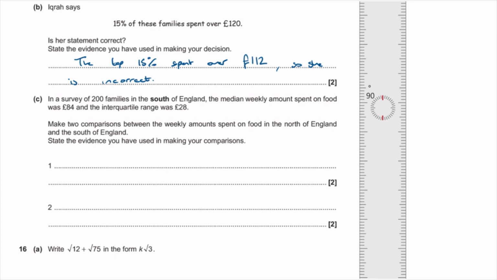So we can say that on average, families in the north spent more on food, and that was £90 versus £84, wasn't it, for the medians?